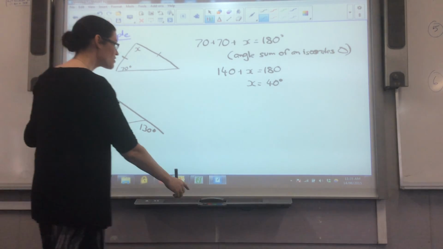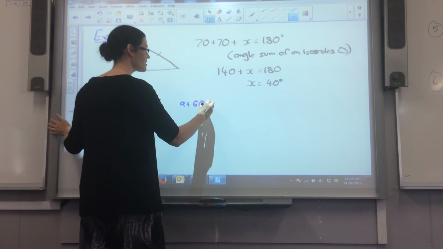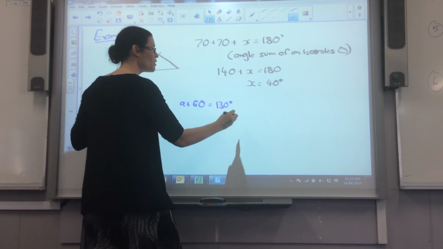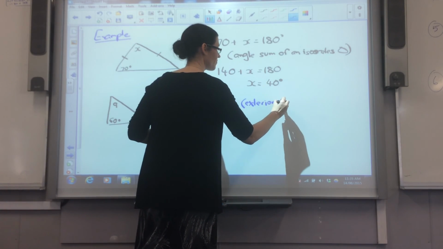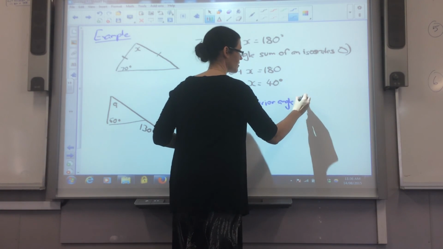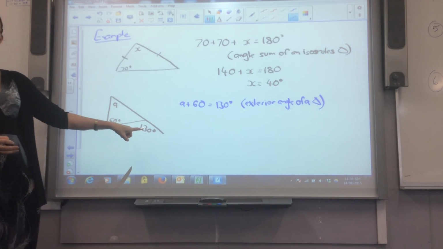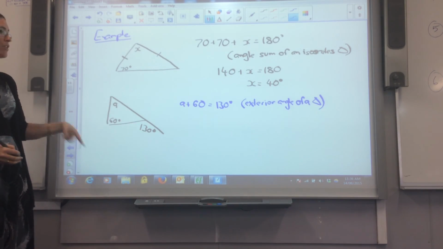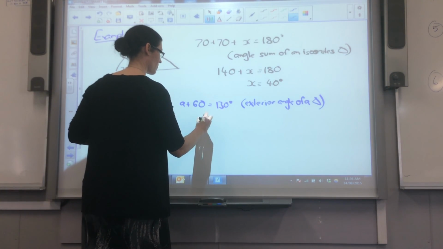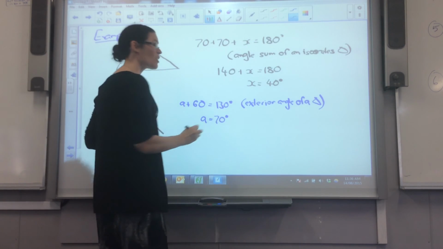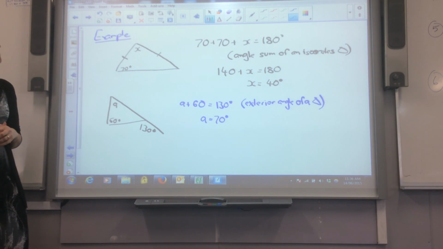So I know that A plus 60 has to equal 130 because of the exterior angle. As the exterior angle has to equal those two, what does A have to equal? So it's going to give me the same answer, but much quicker.